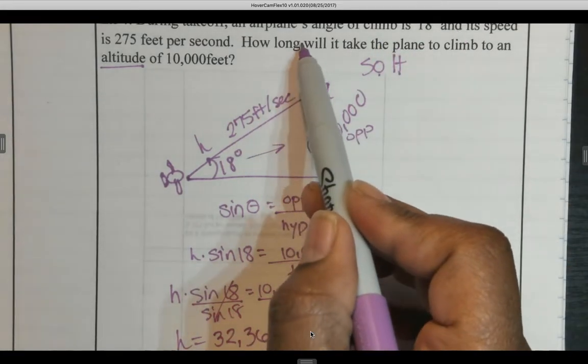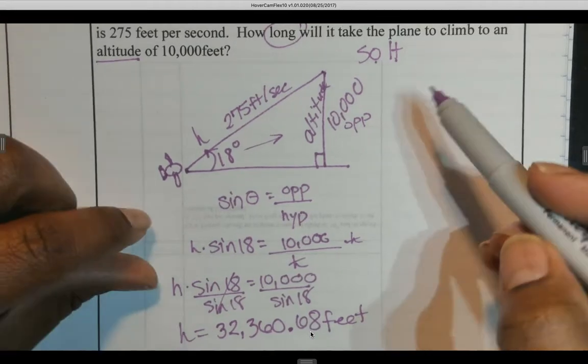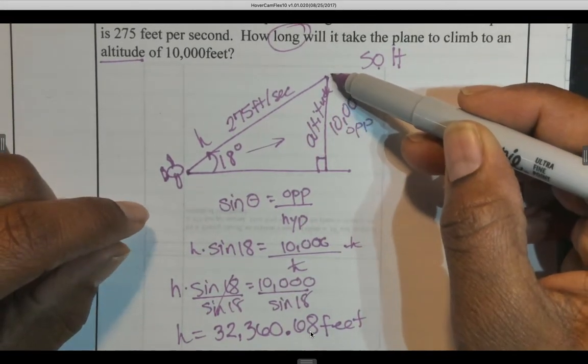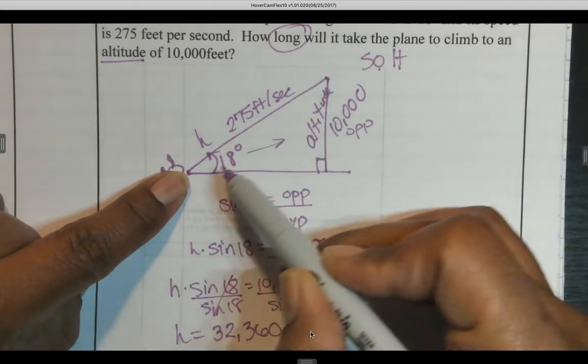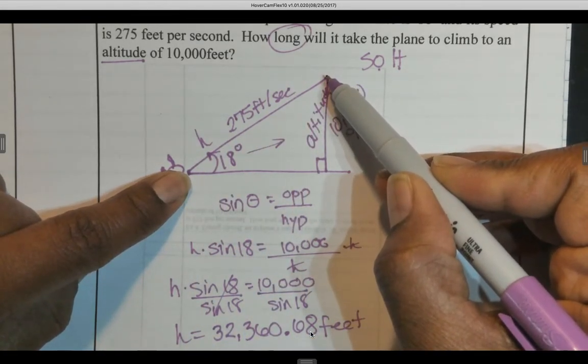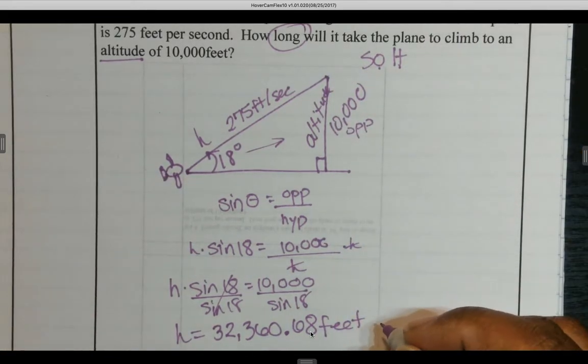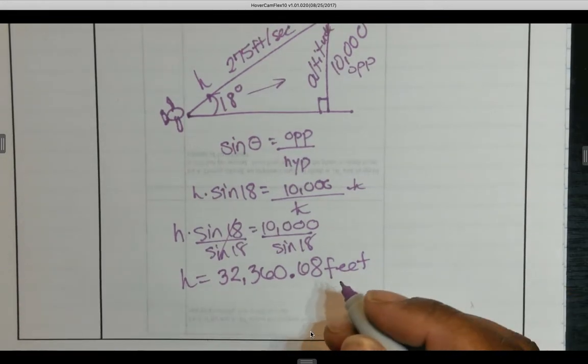But our question was, how long will it take for it to get to this point? So when the plane is 10,000 feet high above the ground, it's actually traveled a diagonal length of 32,000 feet, 360. So our job is to figure out how long it took that to happen. That's just a simple, kind of like chemistry, change of units, right?